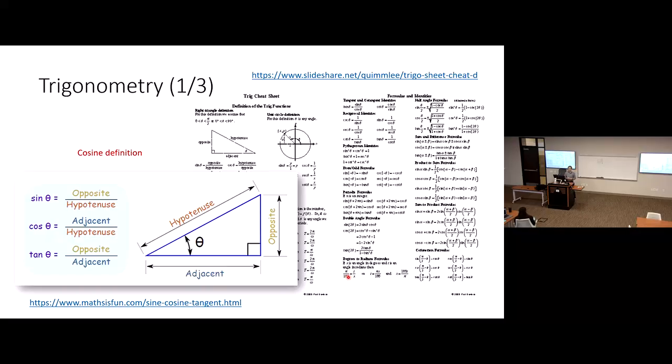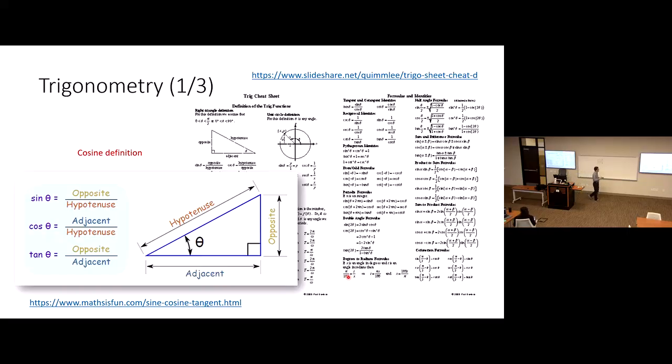So we will start from a very simple review of trigonometry, and those are some of these definitions from a high school textbook. Just a quick review, just make sure you have that information.